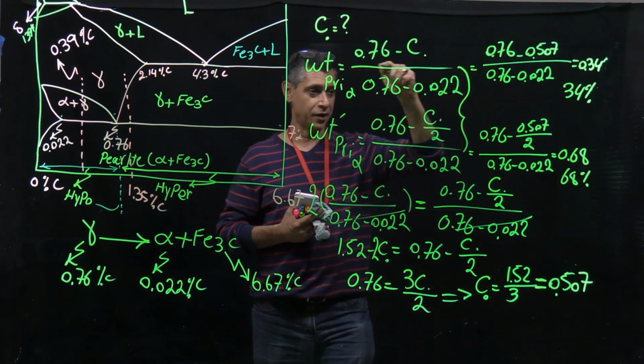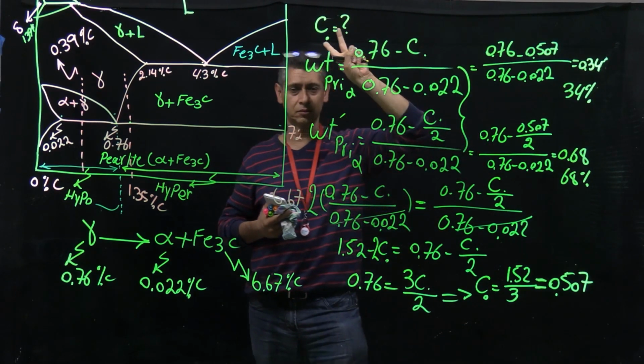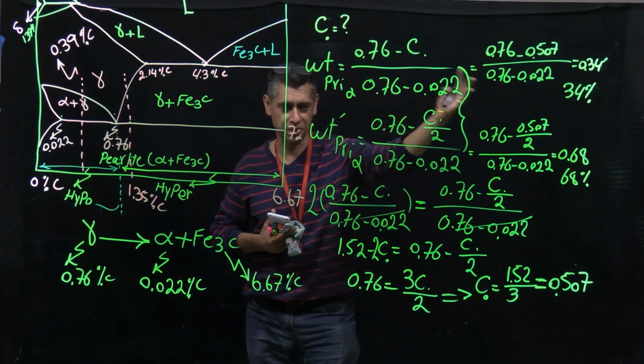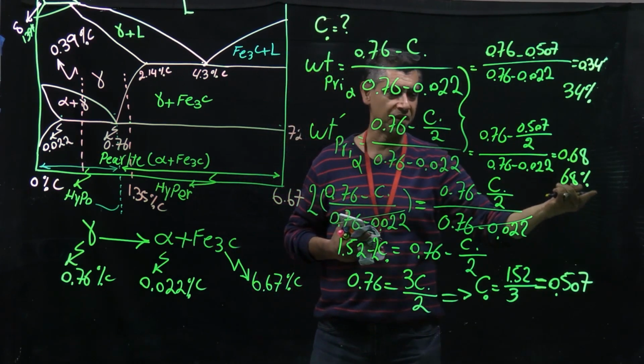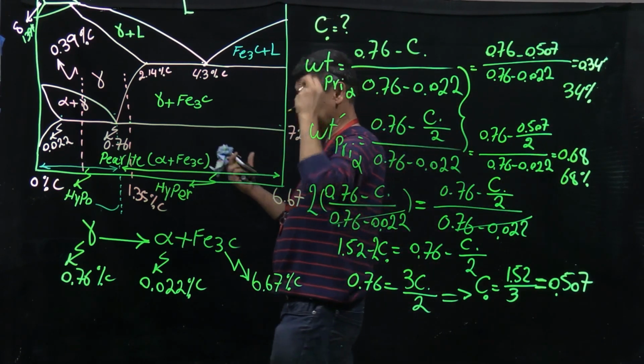You see that I reduced the carbon content by 50%, half, and then the primary phase doubled. Now, here it is easy.